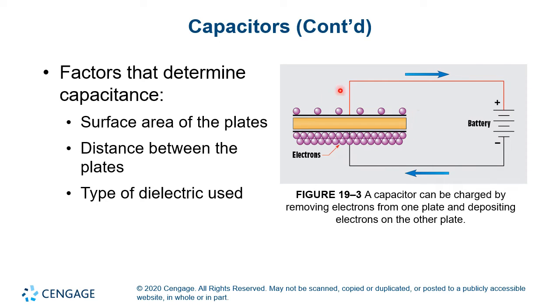And keep in mind, this is a simplified diagram. In terms of the actual layout of the plates, there might be multiple plates involved. The plates don't necessarily have to be flat, so there's a whole variety of different constructions out there, but they all have the same basic features of plates separated by a dielectric material.